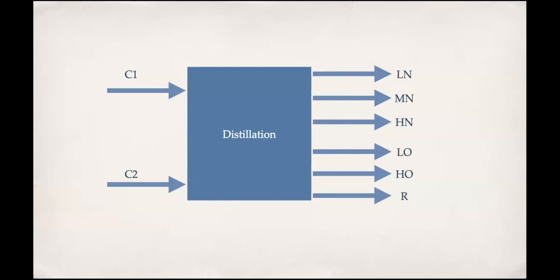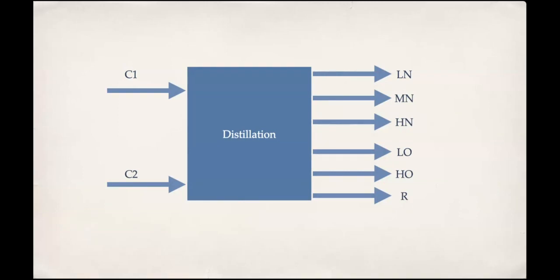We use LO to represent light oil, and HO standing for heavy oil produced from the column. And the last one, we use R. Of course, you can use any name to represent it, but you use this one.